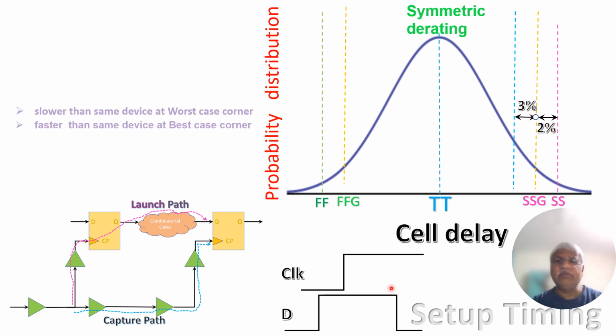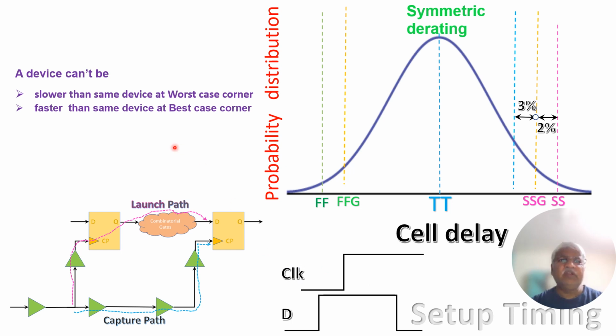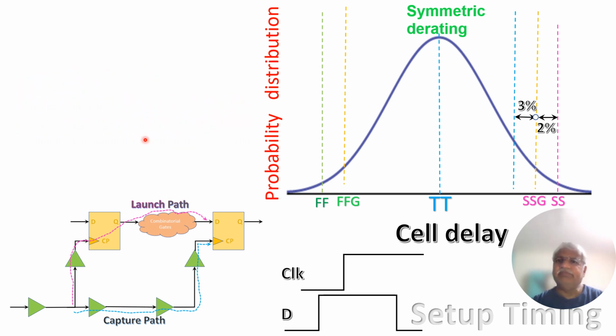Now you will observe this situation wherein, earlier during asymmetric derating, we mentioned that there can't be any device slower than the same device at the worst case corner, and also that there can't be any device faster than the same device at the best case corner. So we can figure out now that in the SSG or FFG condition, these statements won't be valid, so we will remove them.